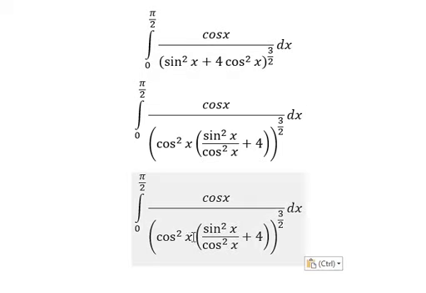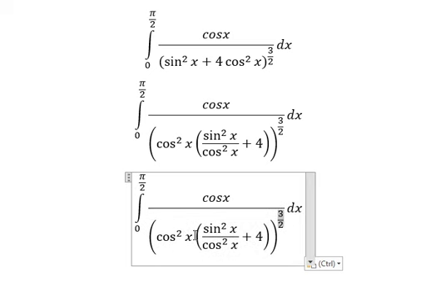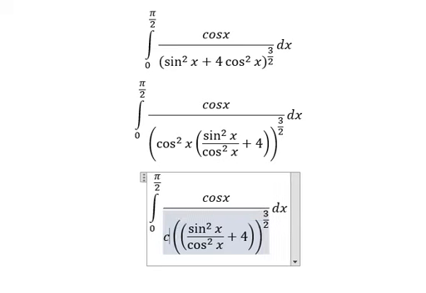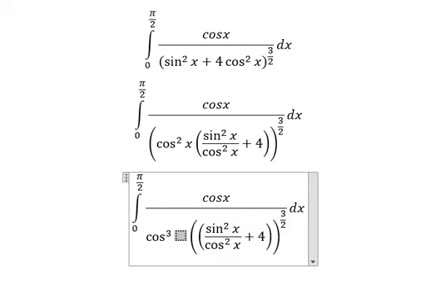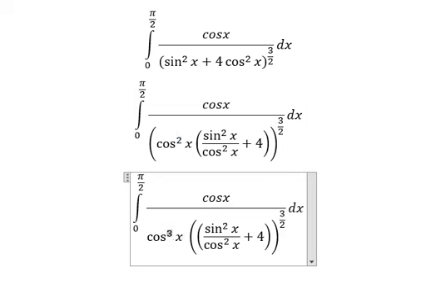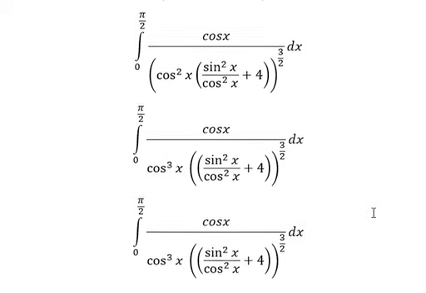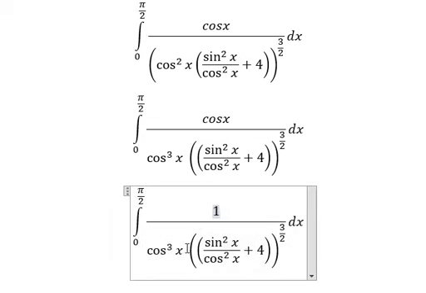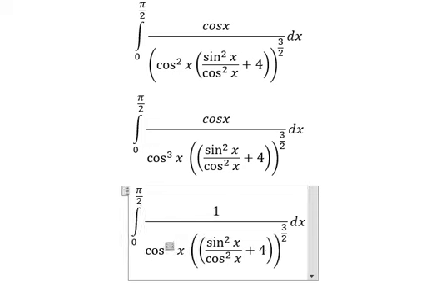Next, cosine x squared to the power of 3 over 2, if we put it outside, and this one we have cosine x to the power of 3, because 2 multiplied by 3 over 2 gives 3. Next, cosine x divided by cosine x to the power of 3, we have 1 over cosine x squared.